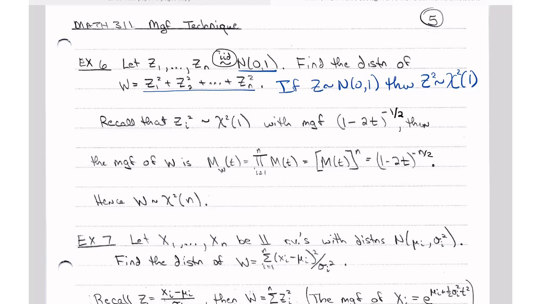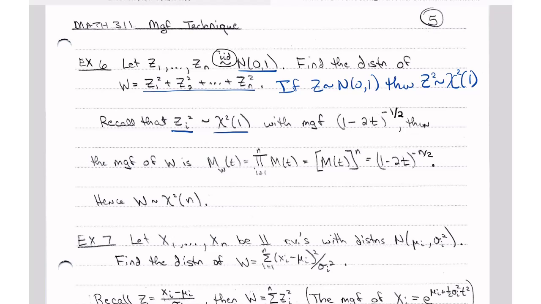So all n of these random variables are independent and identically distributed with a standard normal distribution. So every Zi squared is going to have a chi-squared 1 distribution.